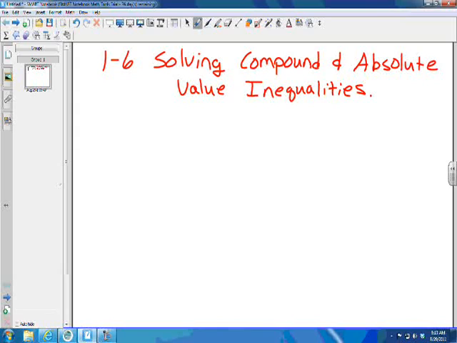So first, we're going to look at these compound inequalities. One type is a conjunction, and the other type is a disjunction, which we'll get to in a minute. Let's cover conjunction first. These are "and" inequalities.